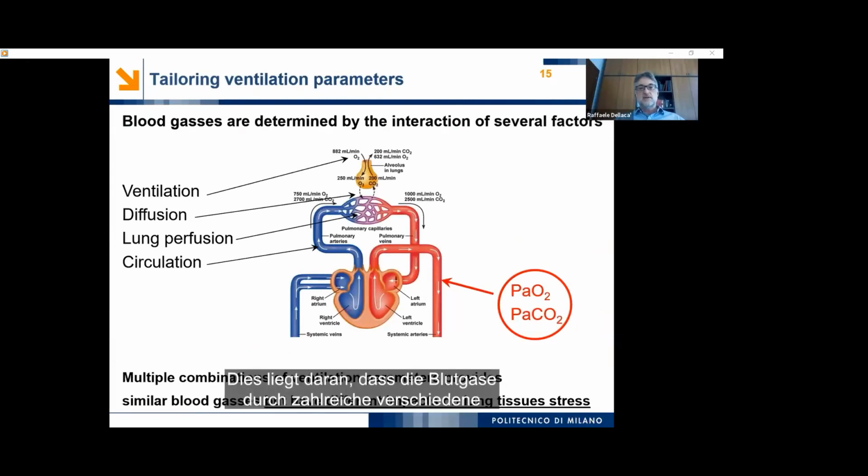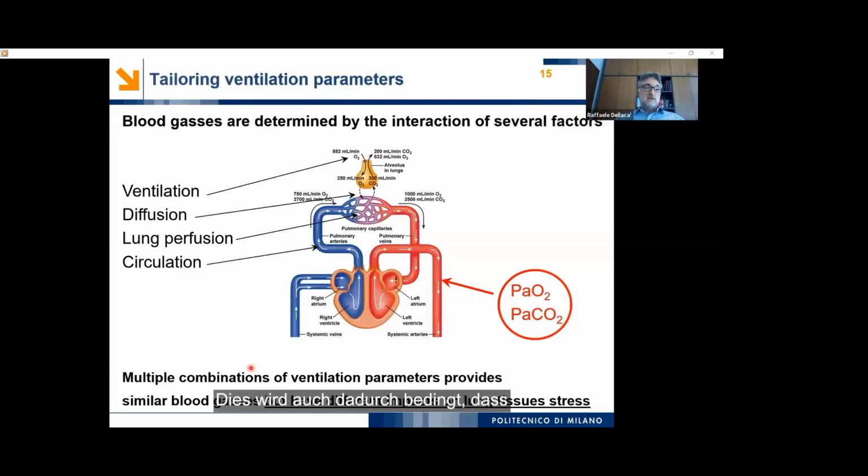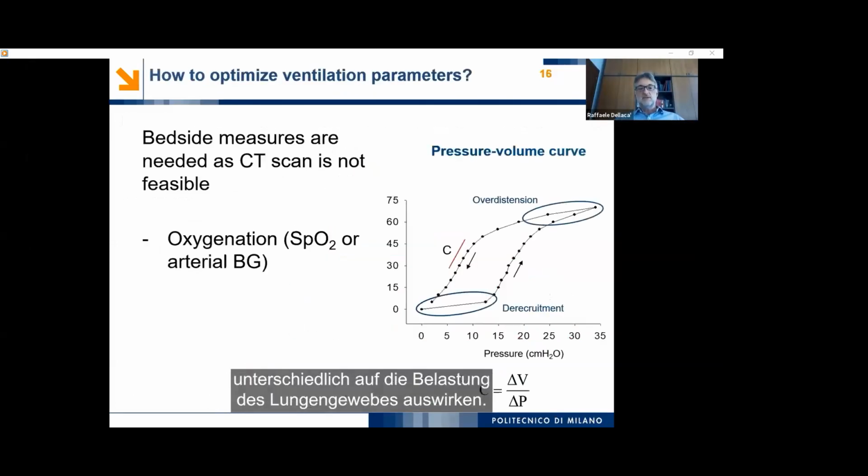This is due to the fact that blood gases result from so many different processes, from ventilation, diffusion, perfusion, and circulation, that it makes it difficult to use this parameter to accurately tune a ventilation parameter. This is also due to the fact that multiple combinations of ventilation parameters provide similar blood gases, but have different impacts on lung tissue stress.